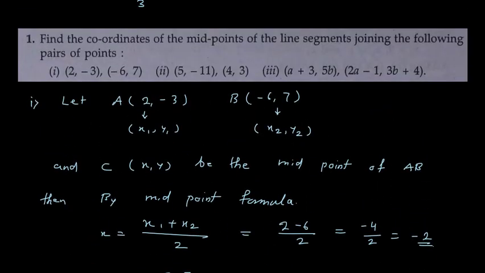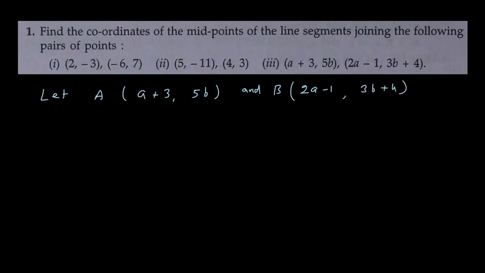So here for third question I will say let A is a plus 3 comma 5b, and B is 2a minus 1 comma 3b plus 4, and C is midpoint of AB.